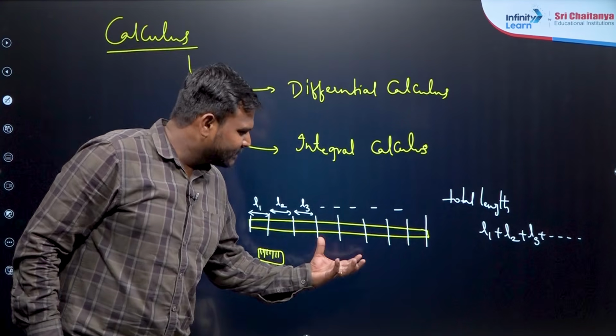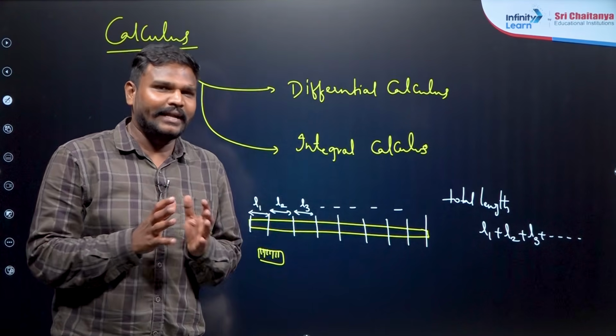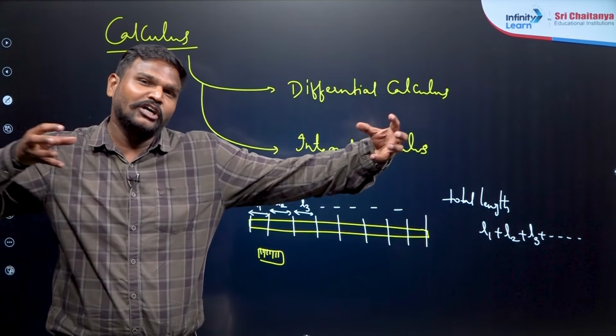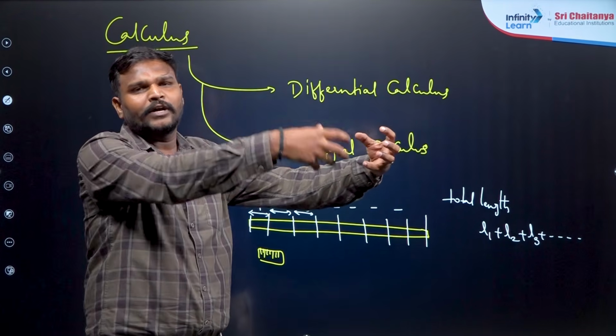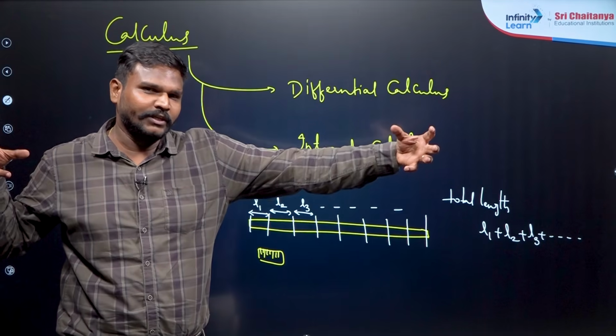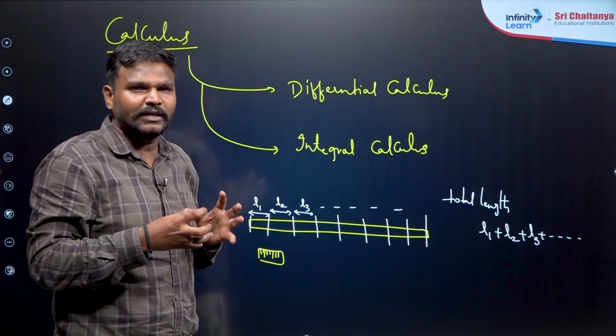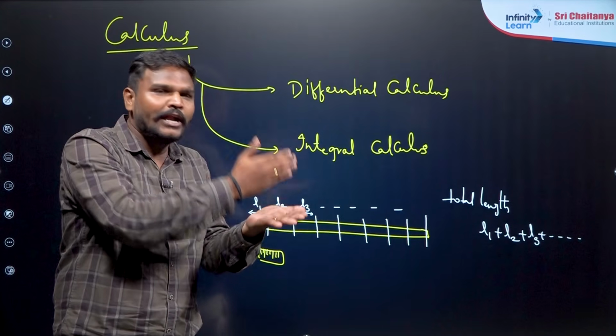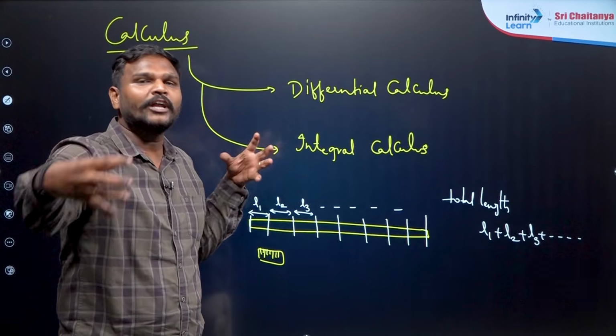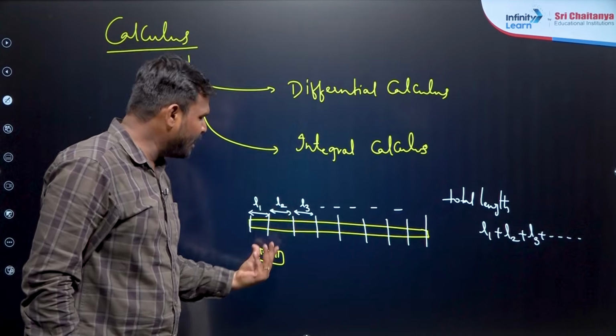Similar to this, in mathematics I am having a very big function. Let us say y is equal to x square plus x cube plus 3x square minus 1, something like that, a big function. Now to measure that function from point A to point B, from 0 to 10 or 10 to 20, what is the measurement? I have very little time.